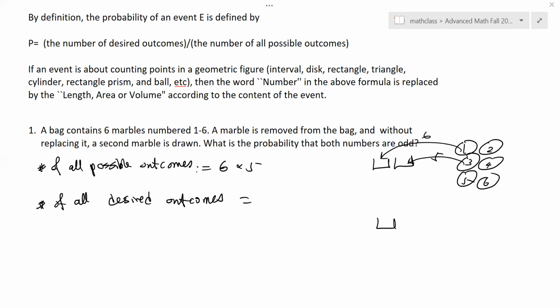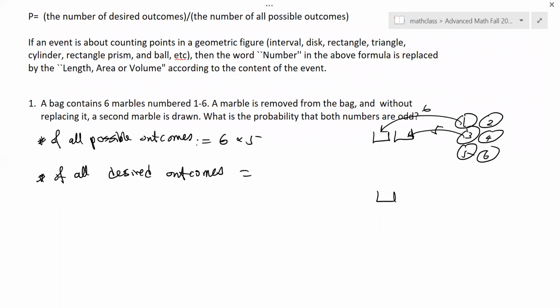Sorry for that. So the number of desired outcomes: you just want to get only other numbers. There are only 3 other numbers there, so that's a restriction. You can only select other numbers. In step 1, there are 3 other numbers, so you have 3 choices. In step 2, only 2 other numbers are left, so there are 2 choices.